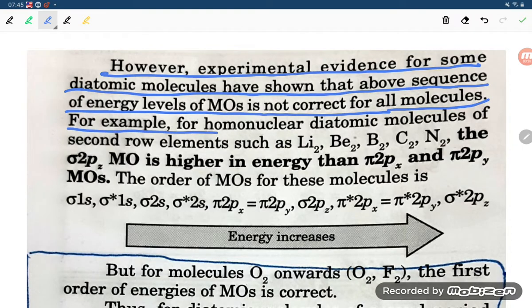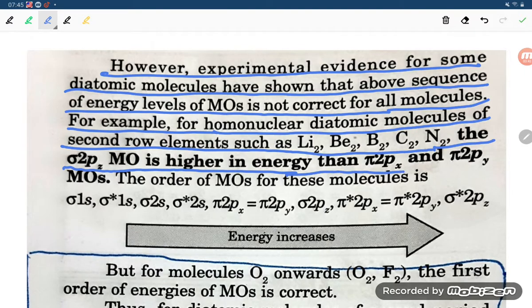For example, for homonuclear diatomic molecules of second row elements such as lithium, beryllium, boron, carbon, nitrogen, the sigma 2pz molecular orbital is higher in energy than the pi 2px and pi 2py molecular orbitals.